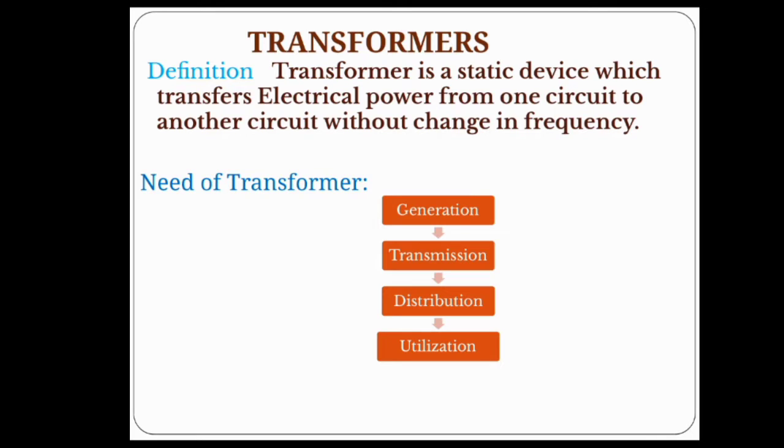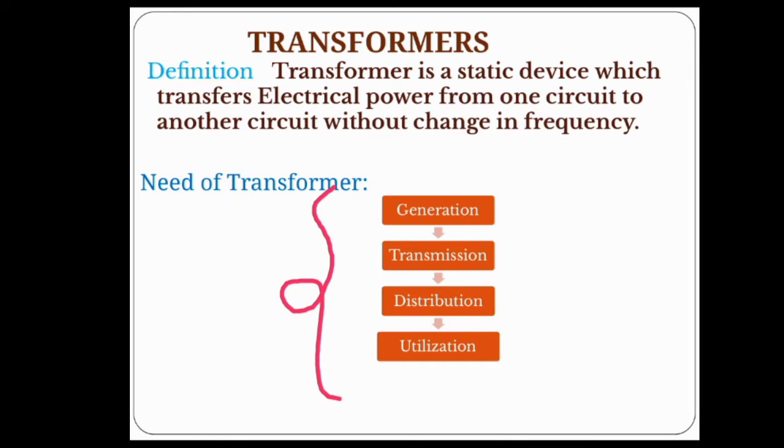So basically, I can classify the power system into these four parts. First, generation, where the power is generated, either a thermal power station, hydro power station, nuclear power station, or anything. From the generating station, it has to be transferred through the transmission network, and from the transmission network it moves towards the distribution network.